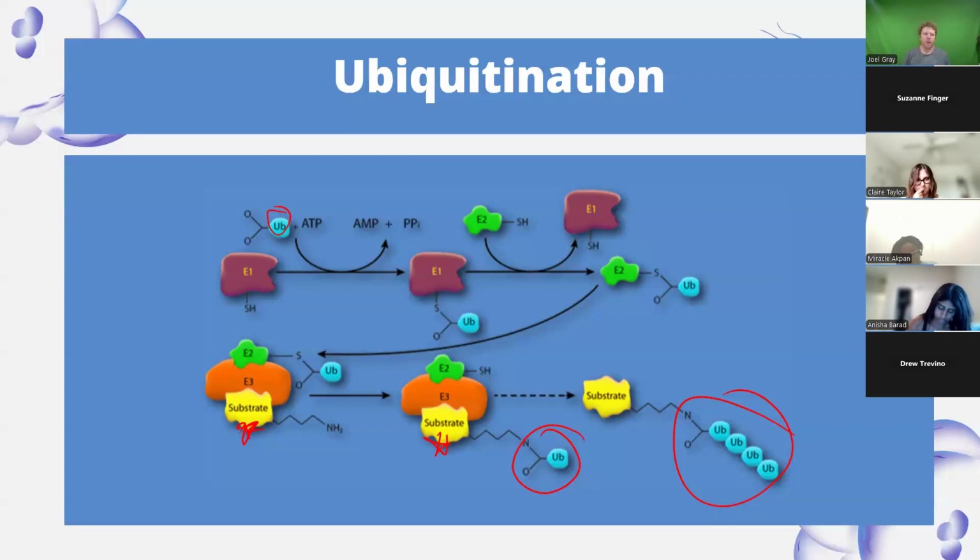Those proteins involved in ubiquitination are going to be upregulated under some circumstances, whereas they might be downregulated or not particularly active in other circumstances. So if the cell senses there's a pathogen nearby, that might upregulate ubiquitination.